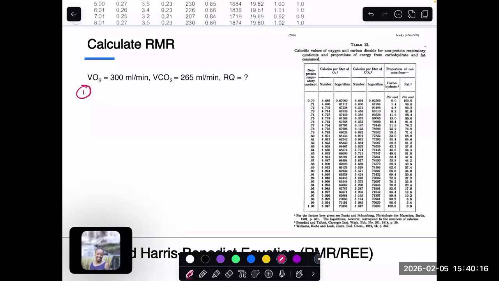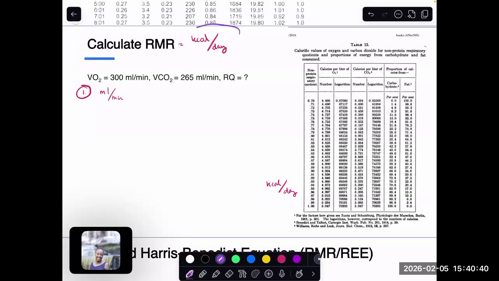We need a respiratory quotient before we can get calories per day, and so on and so forth. So the only units we have right now are milliliters per minute. At the end of this slide in particular, we need a number connected to the units kcals per day, because RMR is expressed in kcals per day.